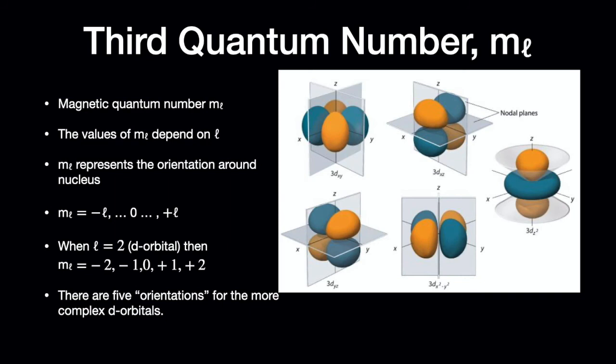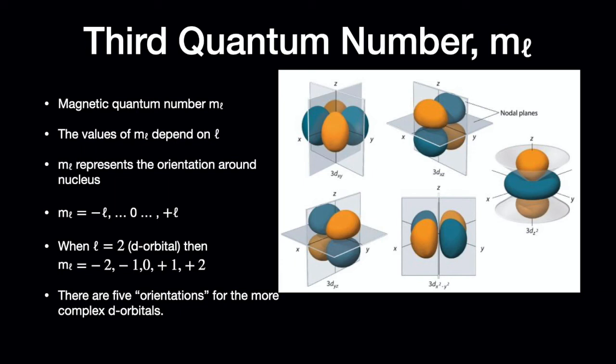Things get a little more complicated when you get to the higher subshells. So when L is equal to 2, remember again we described that as a d orbital, which is kind of shaped like a cloverleaf. M sub L could have values between -2 and +2, and all the integers in between. So it could have values of -2, -1, 0, +1, or +2.